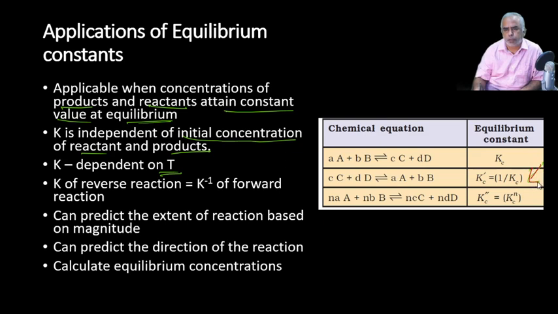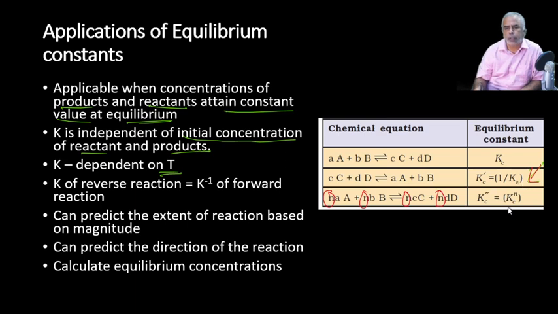For instance, if you have C plus D gives A plus B, that is the reverse reaction, so it is a reciprocal of Kc. Then, if the entire reaction is multiplied by a molar coefficient n, in that case, what could be the value of Kc? It should be taken to the power n.